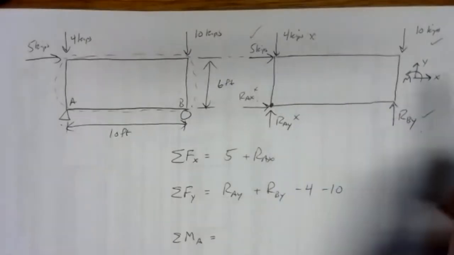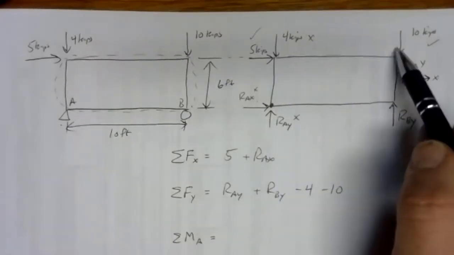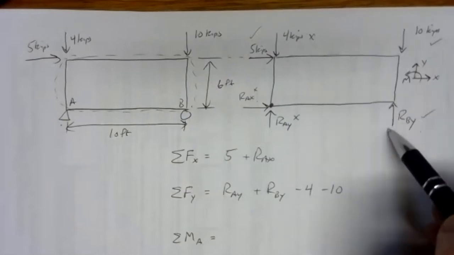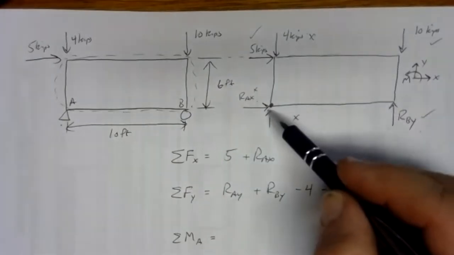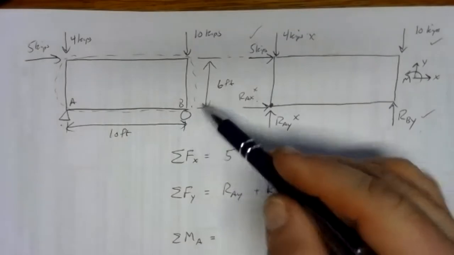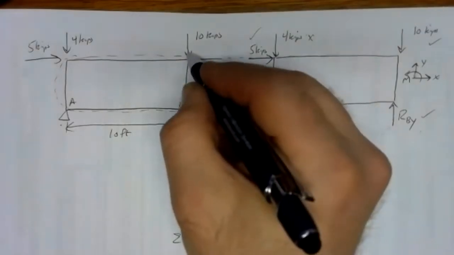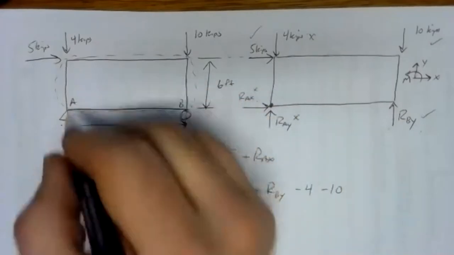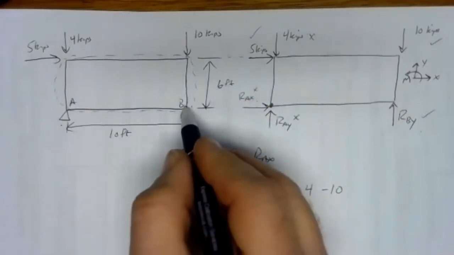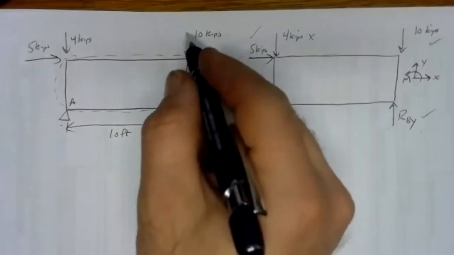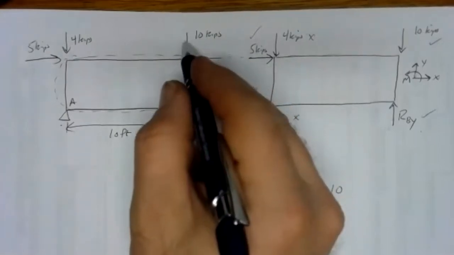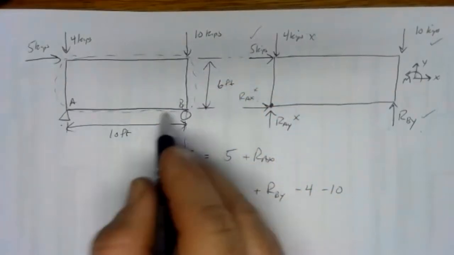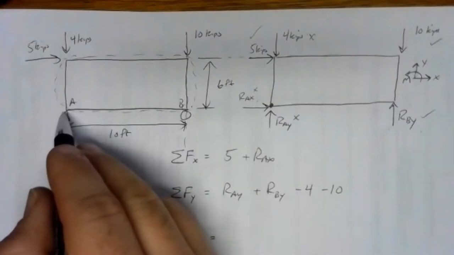So let's take care of the 10 kip force first here. That 10 kip force has an arm of 10 feet. Remember that we determine the arms by looking at the distance between the line of action and the pivot point measured at 90 degrees. So if this arrow flies along its line of action, how close will it approach A?